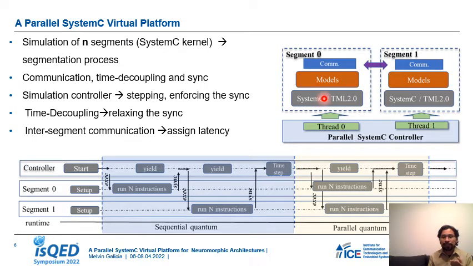You can instantiate as many as your host system will allow you. So the SystemC controller will act as the main simulation, and those segments can simulate independently of other segments because they have their own SystemC kernel.